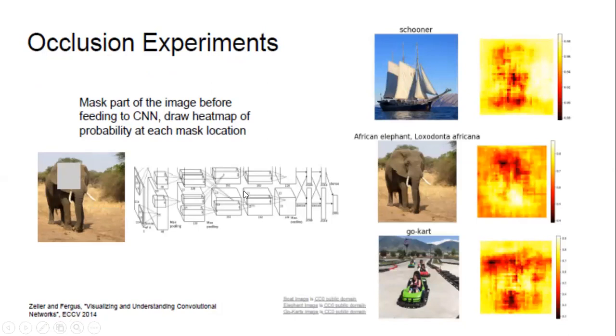A heat map is the one which will indicate the importance of a region. In some sense it can also be related to an attention map: which region is more important in making the decision for that particular sample into that particular class.